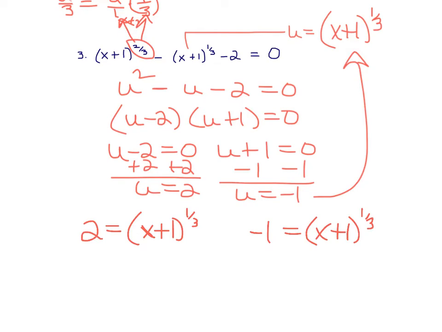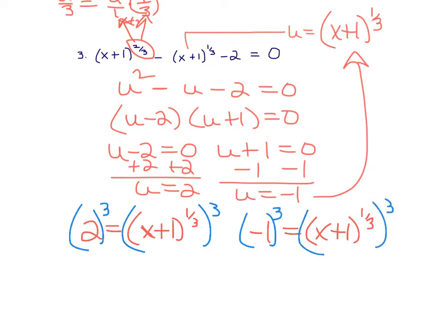Remember that 1/3 power is like a cubed root. So in order to solve for it, I'm going to cube both sides of my equation. Power to a power, you're multiplying the 1/3 times the 3. So this becomes a 1.